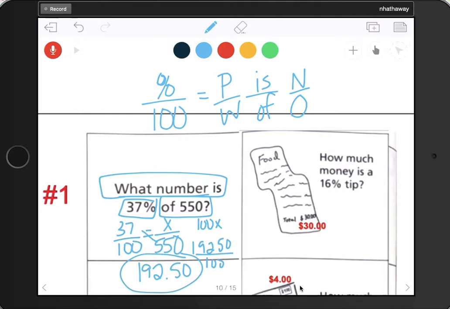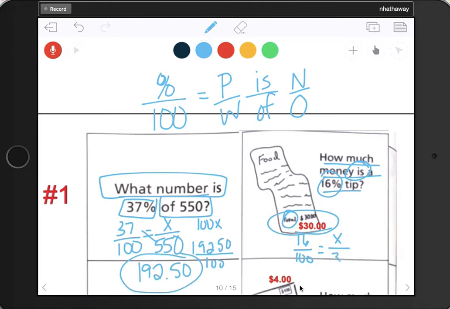The second part: how much money is a 16% tip on this total of 30 for this food bill? Remember, our total is our whole. So 16%, we don't know the is, but we know our percent goes over 100. Our is, we don't know it.